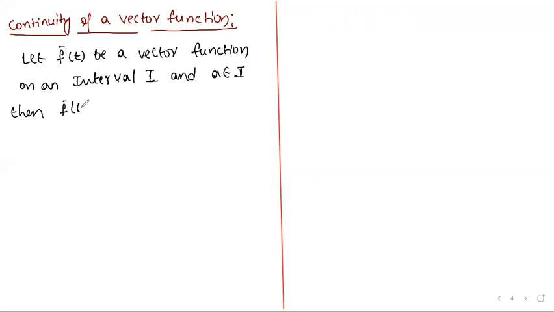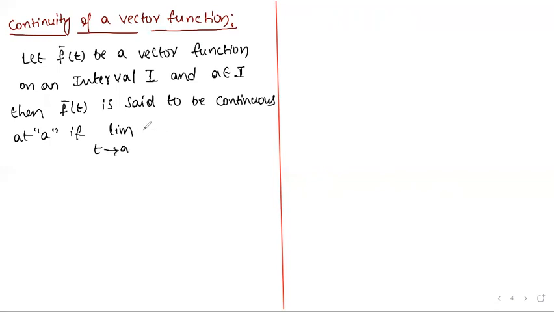Then f bar of t is said to be continuous at small a if limit t tends to a, f bar of t is equal to f of a. That means continuity of a vector function means that the limit is continuous at the point small a. It is true for all a belongs to I.